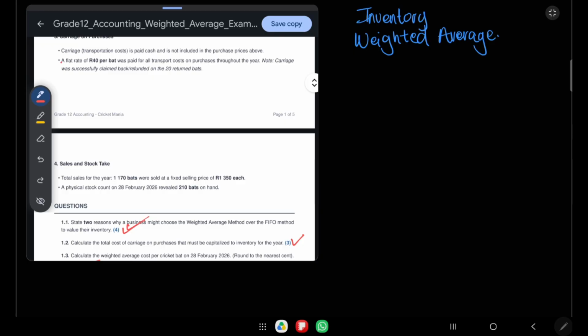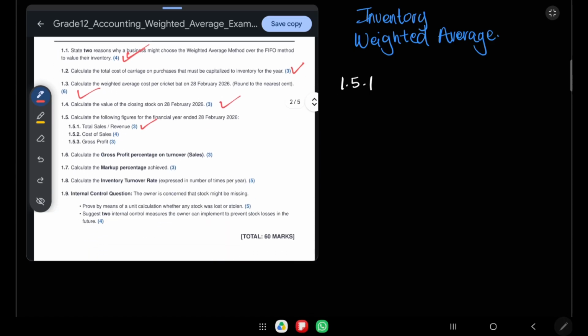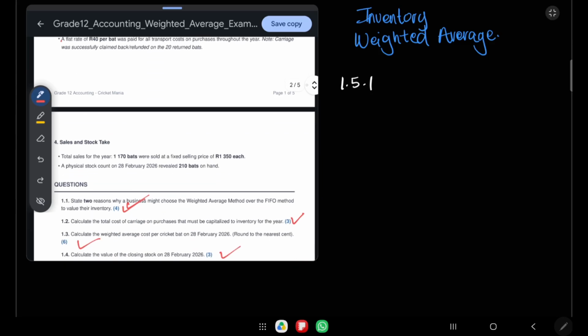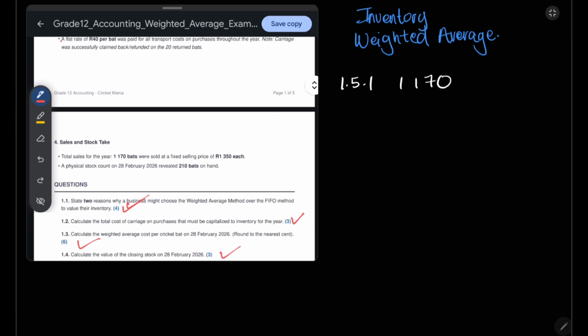1,170 bats were sold at a fixed price of 1,350 each. So we want to know how much money we made. So this will be 1.5.1. Let me verify. Yes, 1.5.1. Our sales, we had 1,170 bats that were sold. And they were sold at a selling price of 1,350.